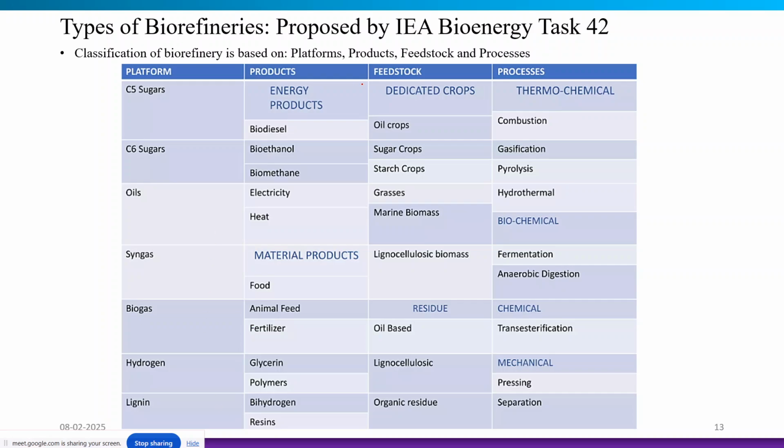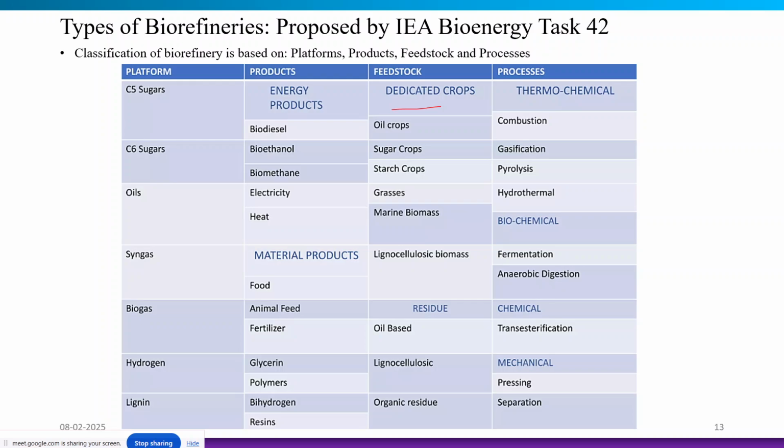And feedstock based: dedicated crops like oil crop based refinery, sugar based refinery, starch refinery, grasses, marine or algae biomasses, lignocellulosic biomasses, then residue based, like oil based, lignocellulosic based, and organic residue based. So these are some different types of biorefinery classifications.